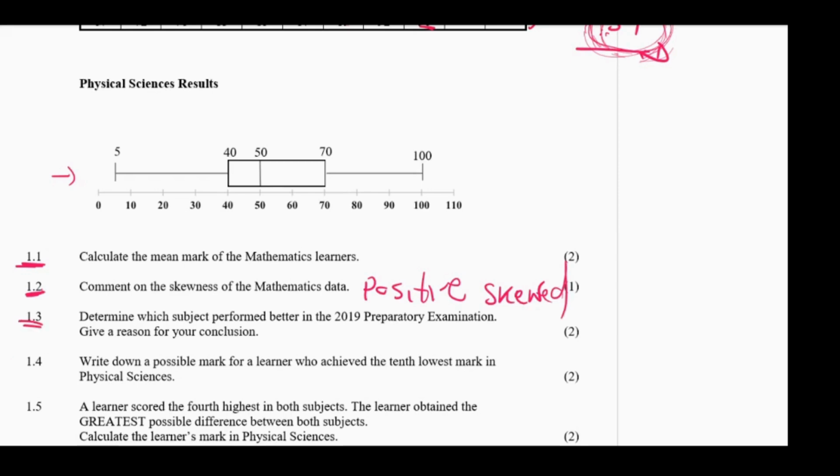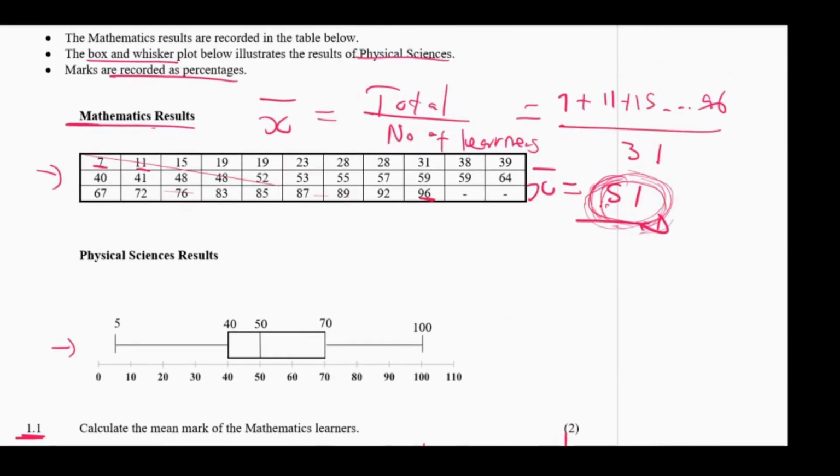1.3, determine which subject performed better in the 2019 preparatory exams and give a reason for your answer. So how do we know which subject performed well, whether it's maths or physics?